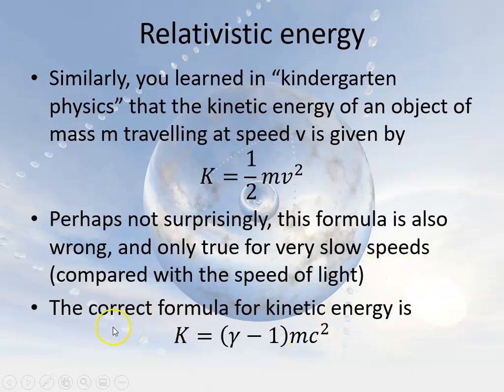And notice that if you add in the object's rest energy of mc squared, an object's total energy is simply equal to gamma mc squared. But you can see why, especially considering gamma is 1 over the square root of 1 minus v squared over c squared, we just use the approximation K equals 1/2 mv squared in normal physics classes, as well as p equals mv. Because the vast majority of the time, our particles are traveling at small percentages of the speed of light.